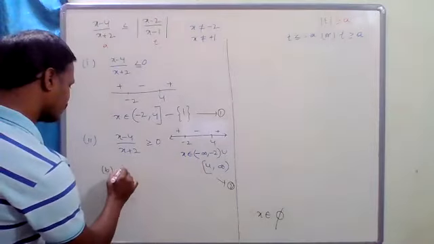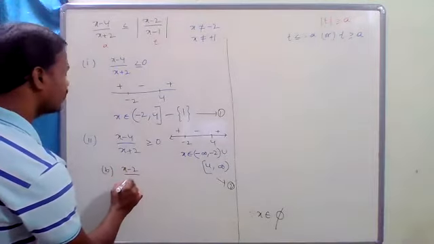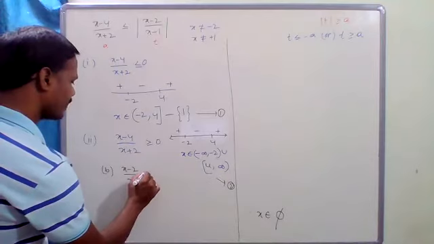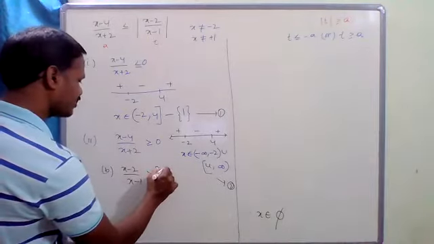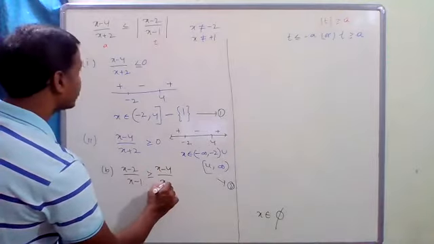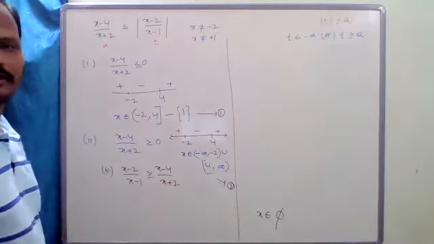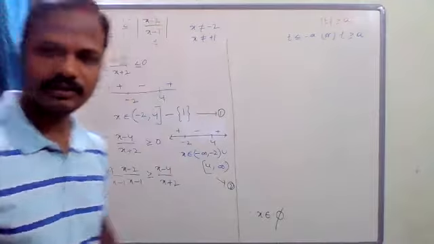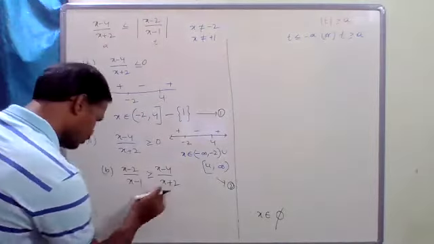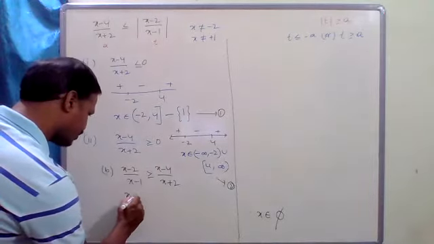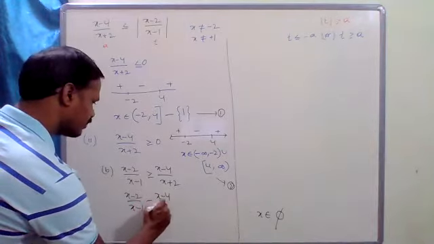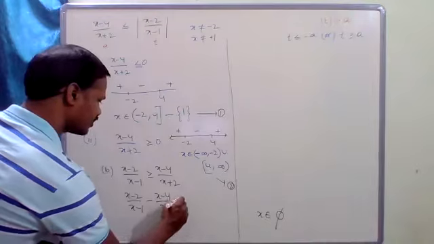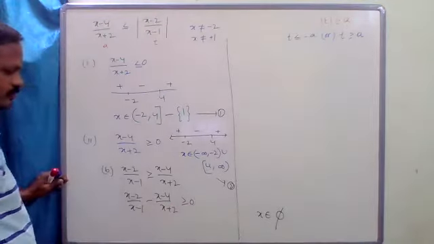So that is (x minus 2)/(x minus 1) is greater than or equal to a, and a is our (x minus 4)/(x plus 2). Now simplify this: (x minus 2)/(x minus 1) minus (x minus 4)/(x plus 2) is greater than or equal to 0.